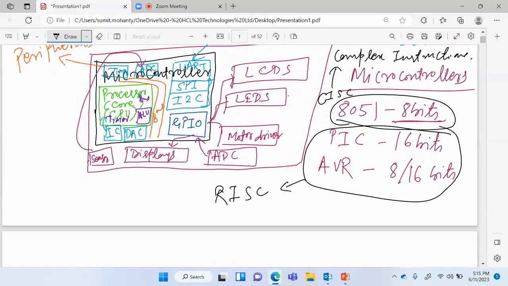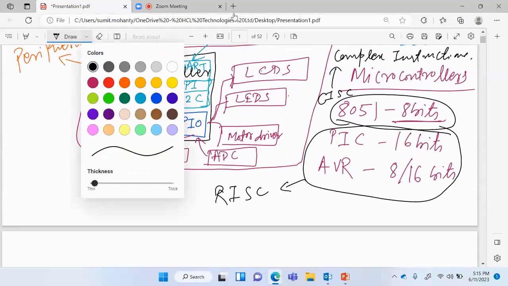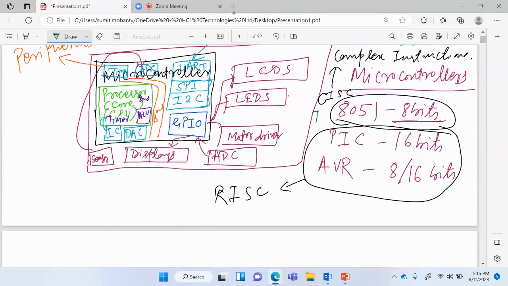Basically, all these microcontrollers have their processors. If you talk about 8051, it has an Intel-based processor. This Intel-based processor is an 8-bit processor, which is why this is an 8-bit microcontroller. For PIC, there is a processor given by General Instruments, the company which basically manufactures PIC microcontrollers.